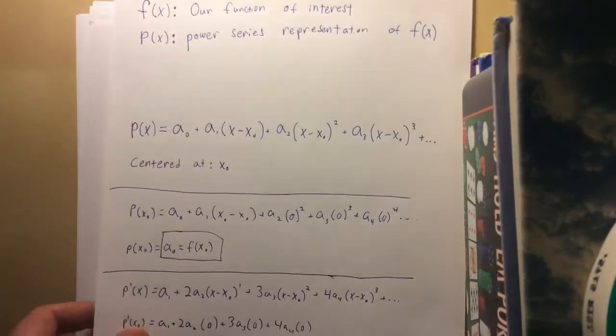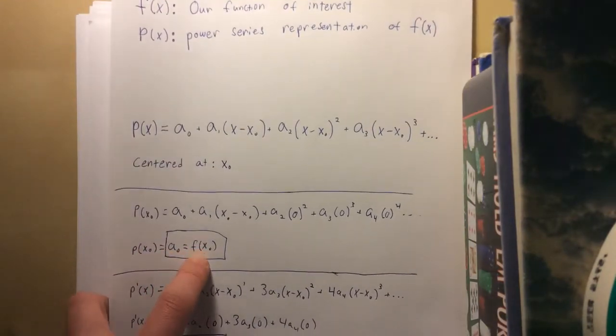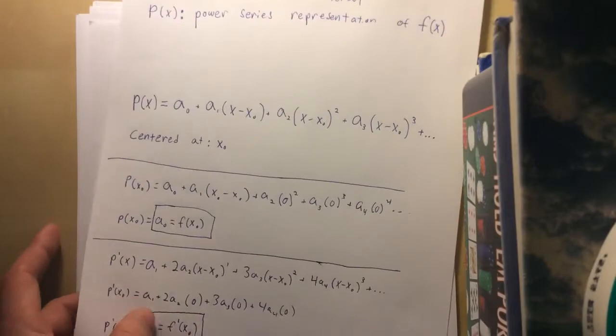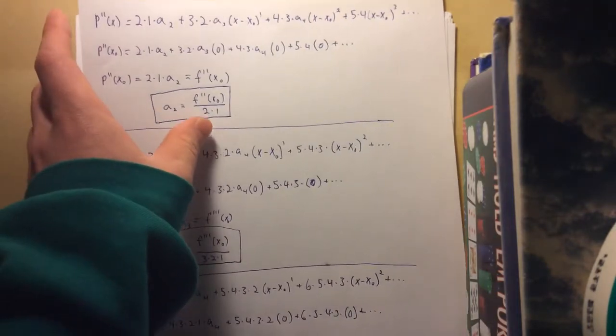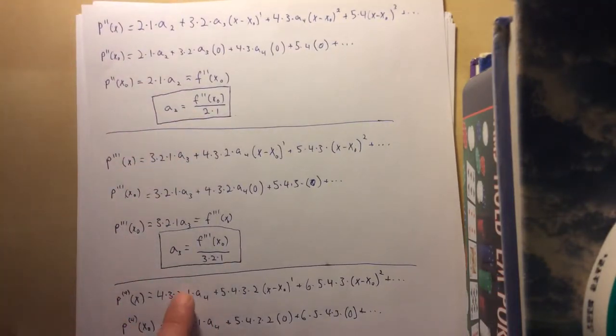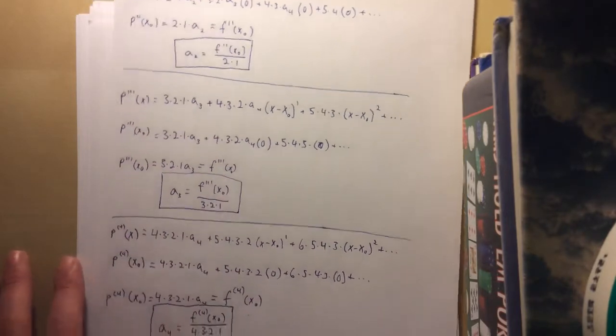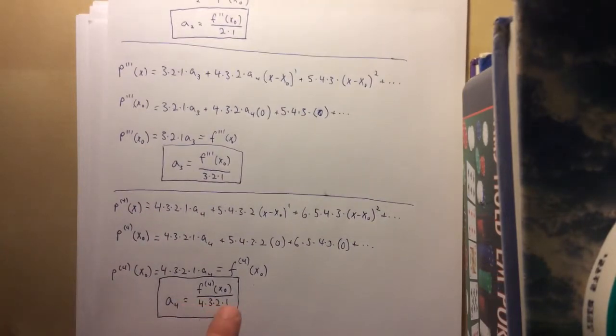And then notice that the first constant we're dividing just by 1, the second constant we're dividing by 1, the third constant we're dividing by 2 times 1. The fourth constant, a sub 3, we're dividing by 3 times 2 times 1. And for a sub 4 we're dividing by 4 times 3 times 2 times 1.